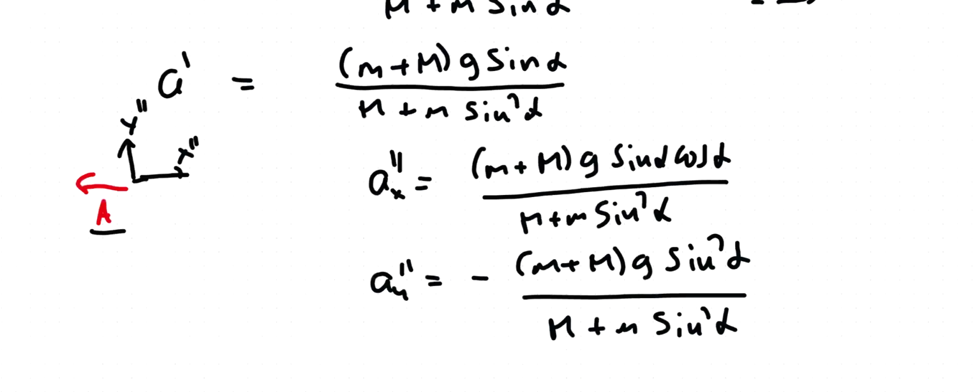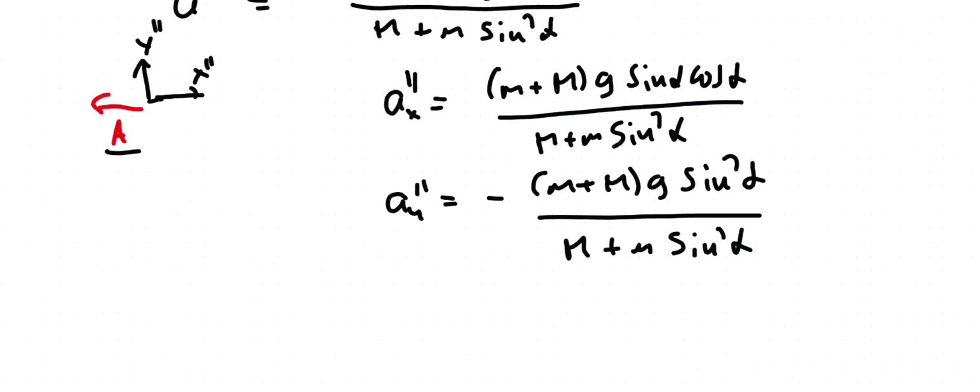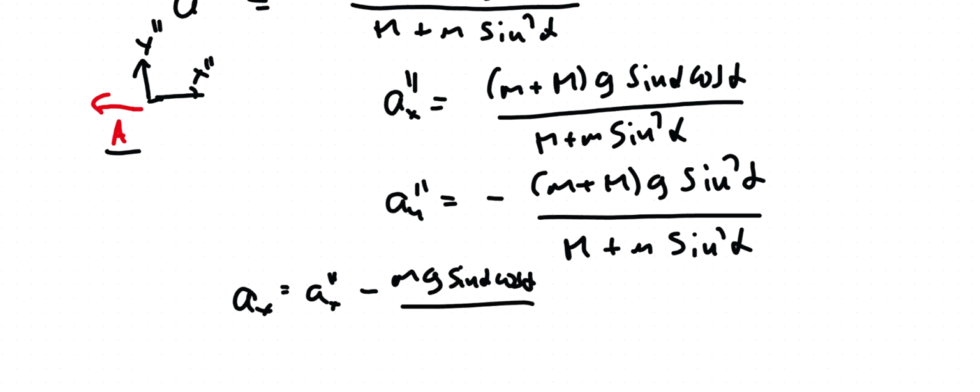So our actual a x is a x double prime minus mg sine alpha cosine alpha divided by capital M plus m sine squared alpha.